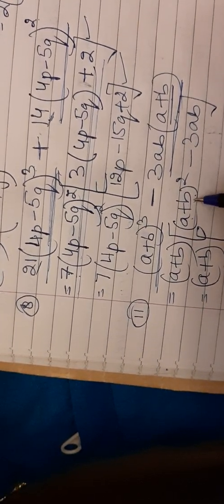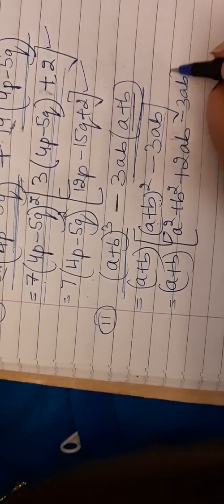I don't know how the answer is given at the back. I can do further simplification of it within the brackets. You know the product of a plus b whole square. You know this identity. It will be a square plus b square plus 2ab and this minus 3ab.